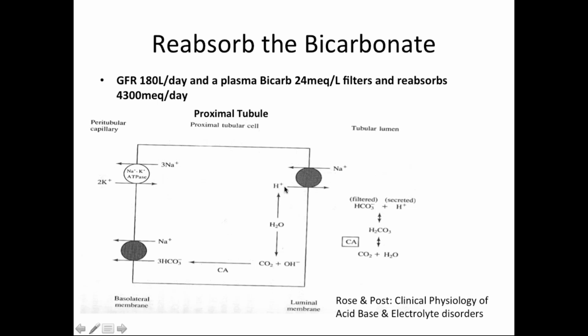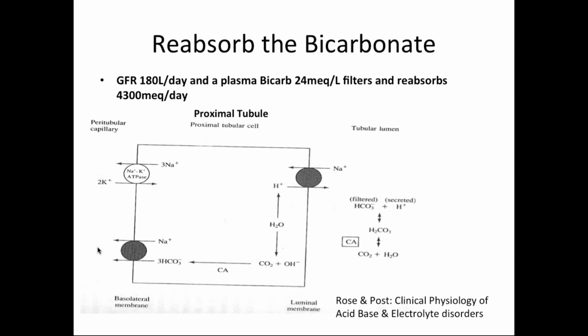The H plus is then secreted into the tubular lumen, and in the tubular lumen it will combine with the bicarb and make carbonic acid, which will with carbonic anhydrase get dissociated into CO2 and H2O. So what is ultimately happening is that a bicarb that is in the lumen is combining with an H plus, and we have a bicarb that is getting reabsorbed into the peritubular capillary. So that is how the predominant bicarb reabsorption is happening in the proximal tubule, and that is responsible for about 90% of the reabsorption of the bicarb.